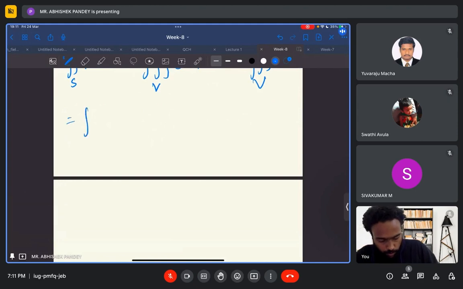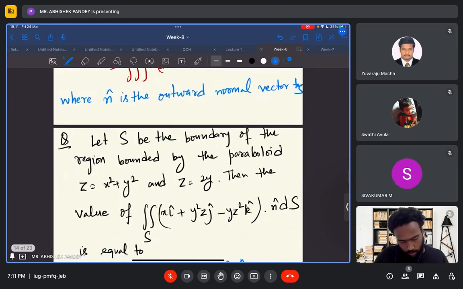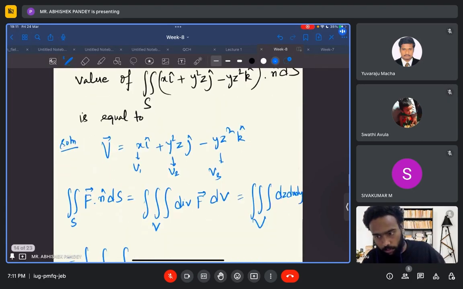So we need to find the limits now. z is from x square plus y square to 2y.